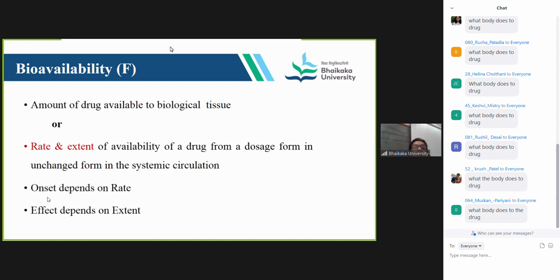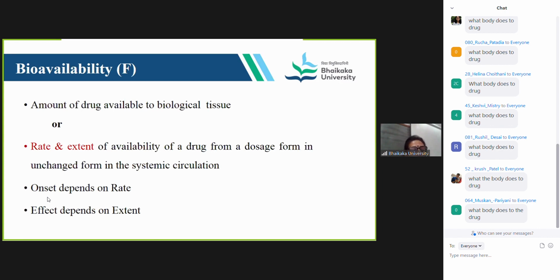Coming to a term which is again very important and related to absorption, and that is bioavailability. What is bioavailability? In simple terms, it is the amount of drug which is available to biological tissues. If you want to expand that, the exact definition, I have written these two terms, rate and extent.